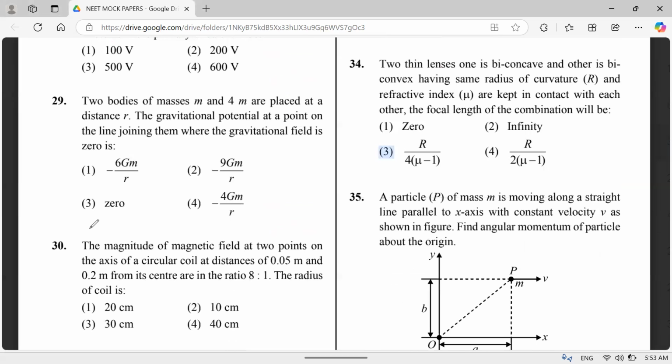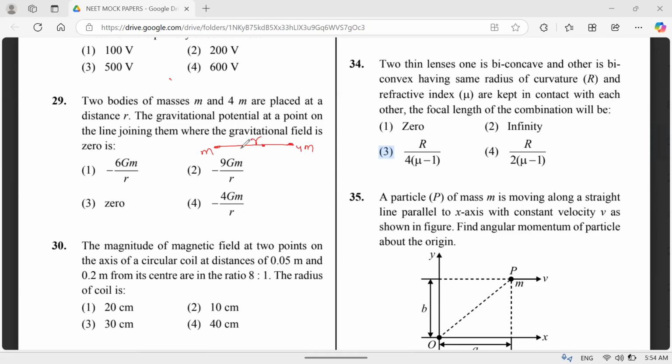Question number 29. Anyone? Two bodies of masses m and 4m are placed at a distance of r. This is one body of mass m, and this one is 4m, placed at a distance of r. The gravitational potential at a point on the line joining them, where the gravitational field is 0. So somewhere when the field is 0, the net gravitational field at that point will be equal to 0.